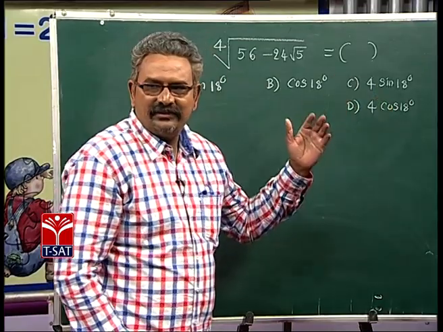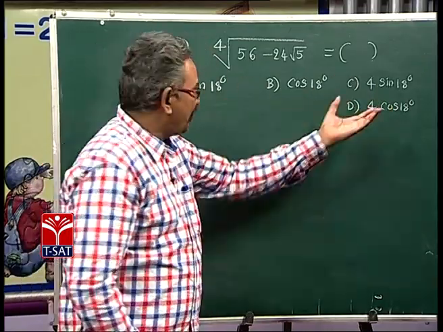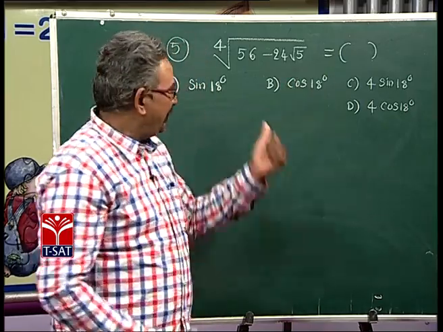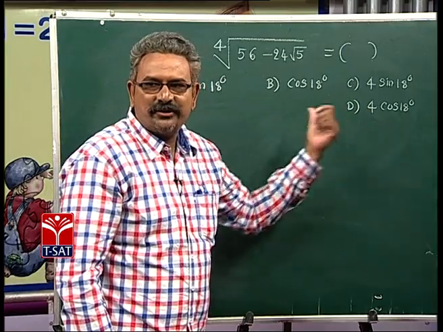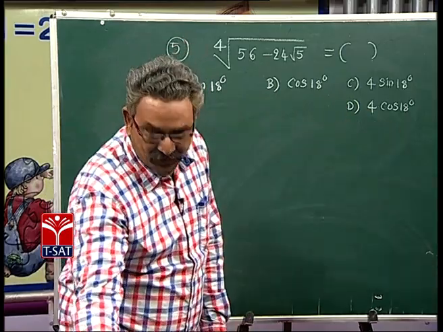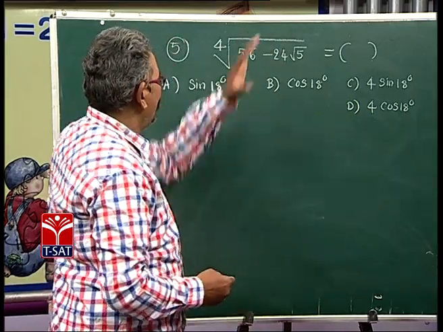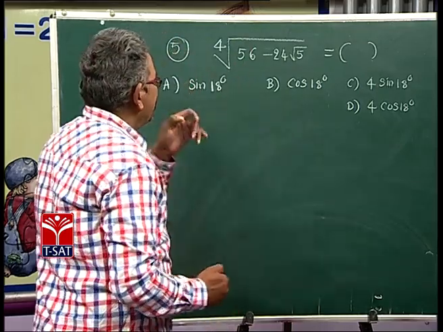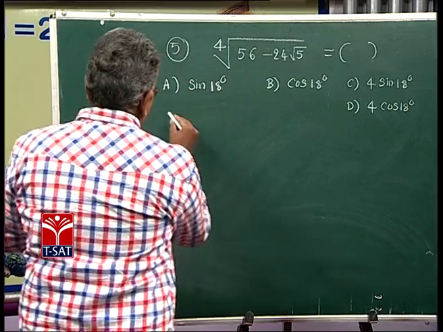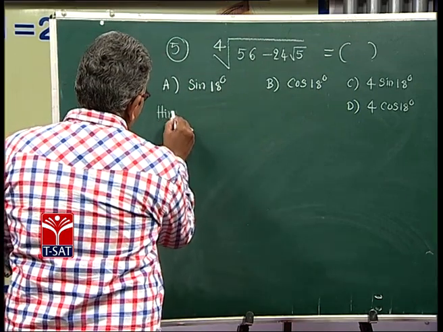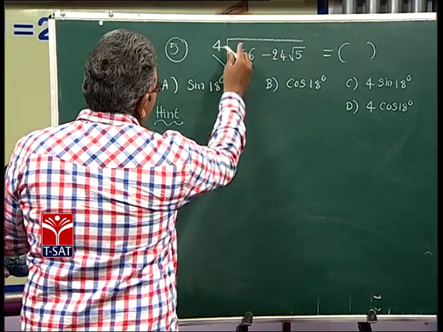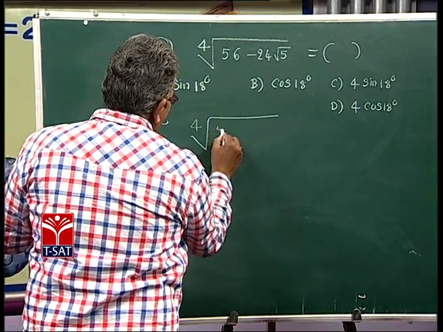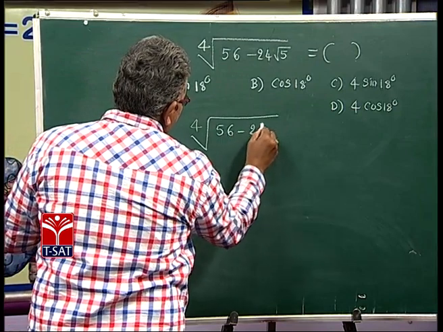So then after that only we can decide which option is correct. So first let us find out, I will explain how to find out the fourth roots. So this is in the form of fourth root of 56 minus 24 root 5.